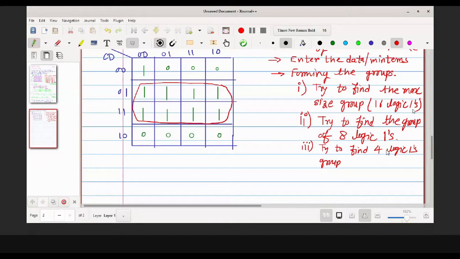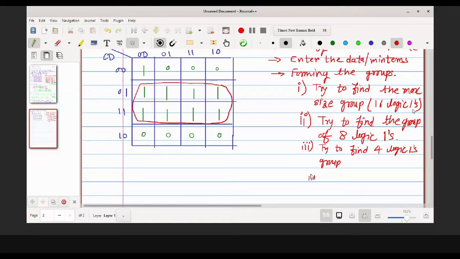So is there any group of four logic ones? You can take this particular group, this is one. You can take it like this, or even like this. But all these groups are meaningless because we have already considered those logic ones in the bigger group. So the bigger the group, the smaller the circuit.